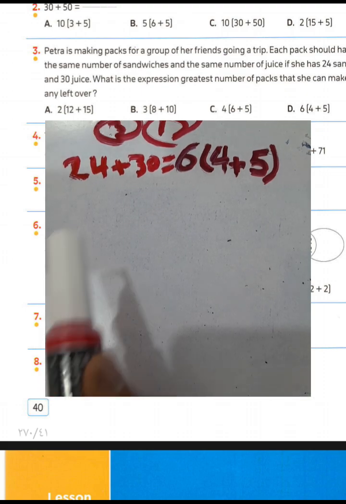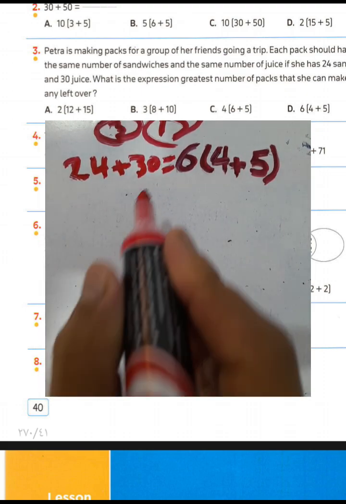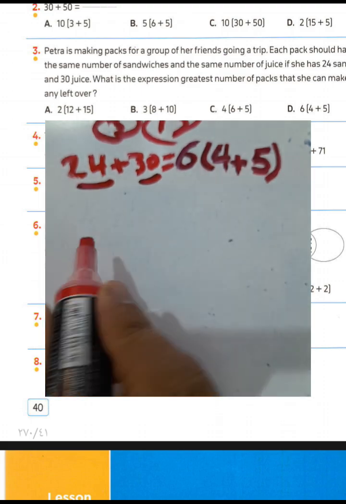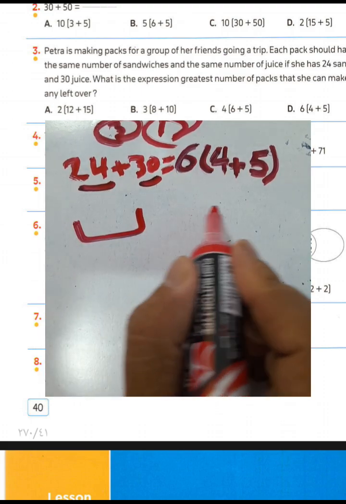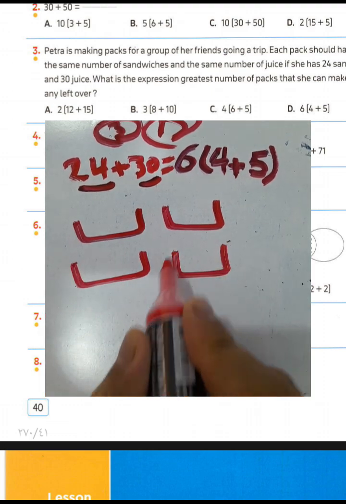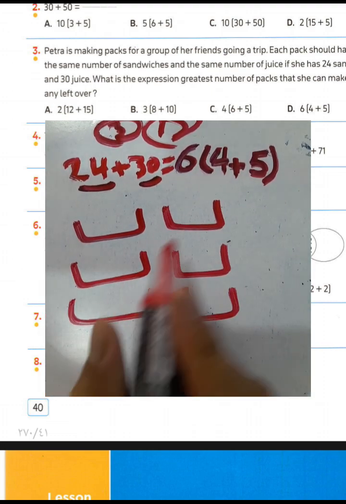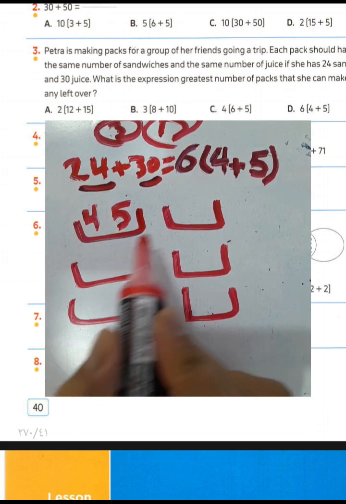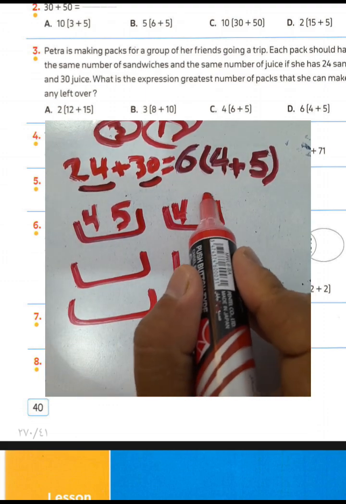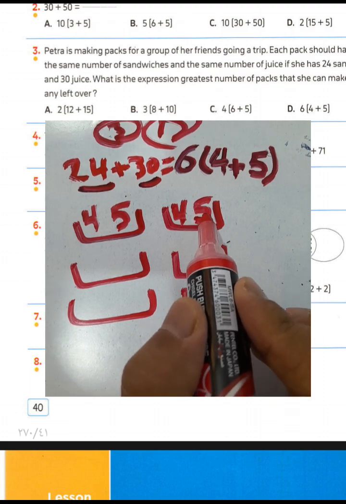We have sandwiches and drinks. We have 6 boxes. 1, 2, 3, 4, 5, 6. Put in each one 4 sandwiches and 5 juices, and so on.